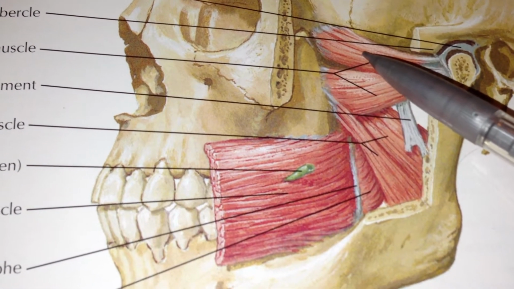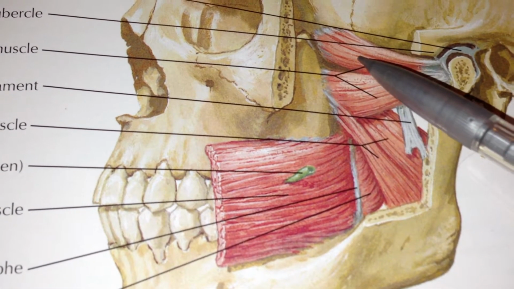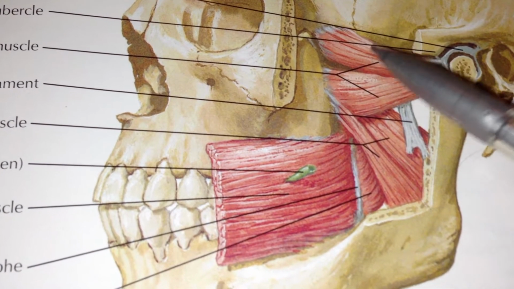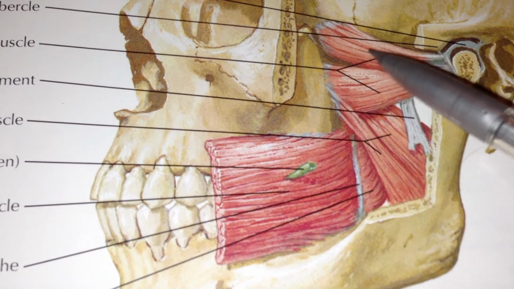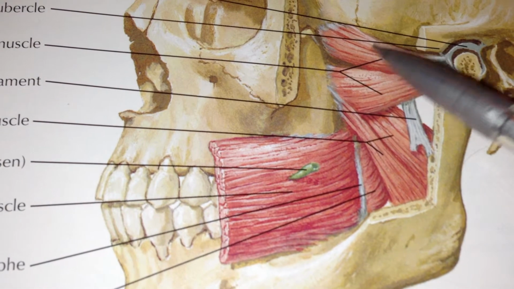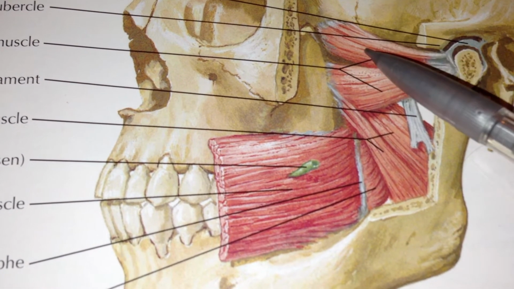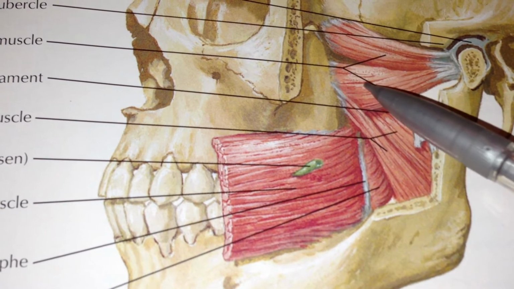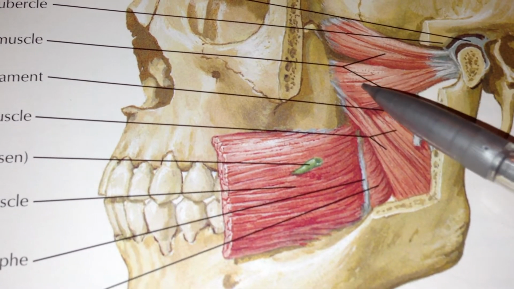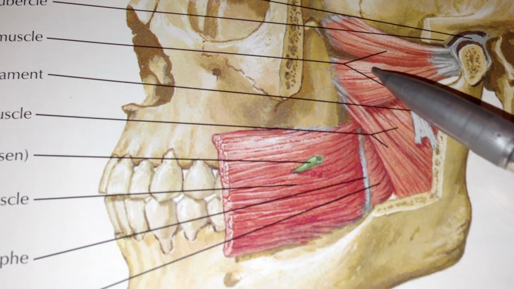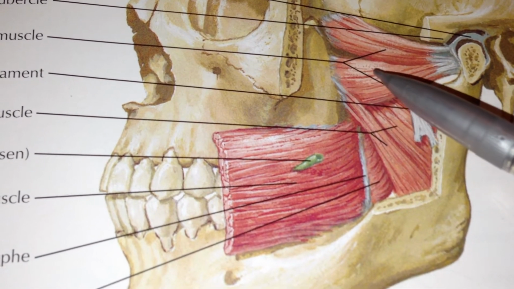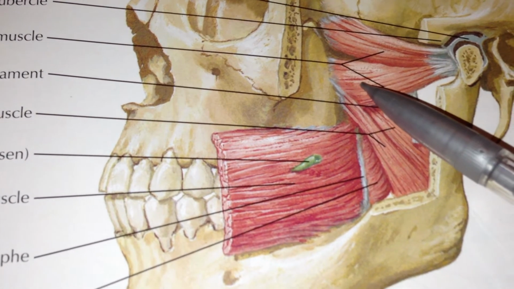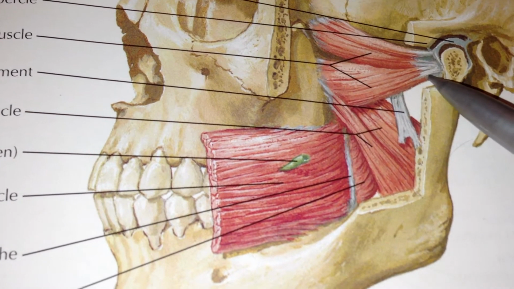The superior head will originate from the infratemporal crest of the sphenoid bone, specifically the infratemporal crest of the greater wings of the sphenoid, and the inferior head will originate from the lateral part of the lateral plate of the pterygoid process of the sphenoid bone. And then the insertions are a bit tricky as well.